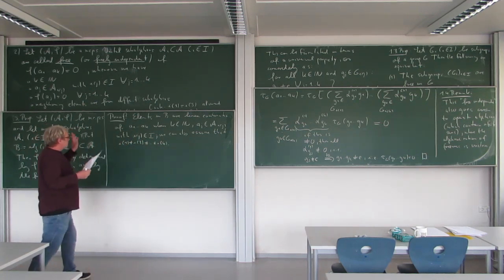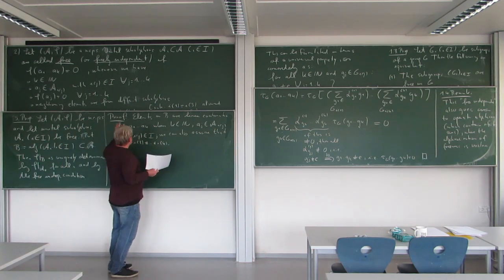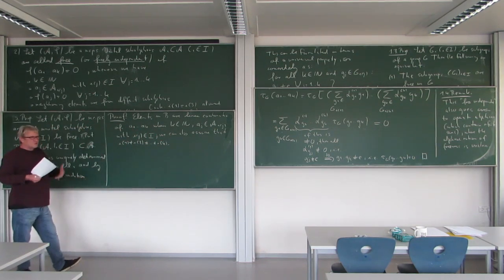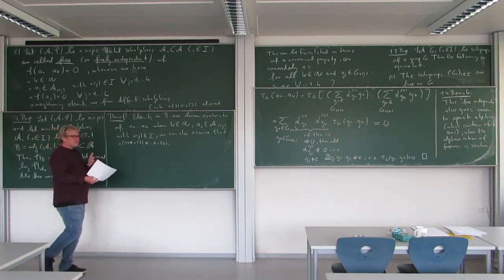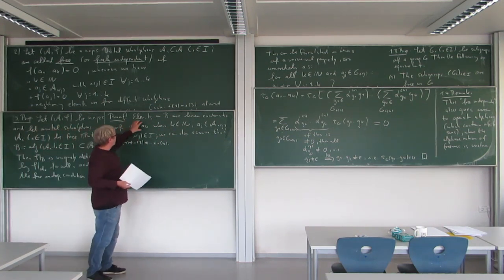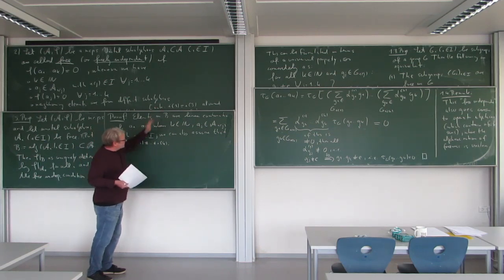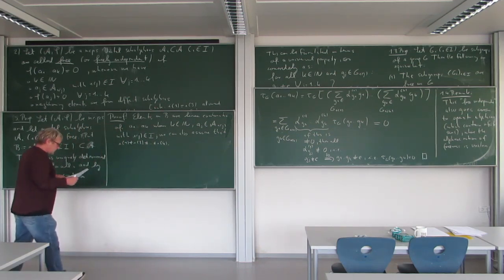Okay, so general elements in B are linear combinations of such terms, and what I have to show is that phi is uniquely determined on such terms. Phi is linear, so of course it's enough to see that it's uniquely determined on such guys, because then by linearity it goes over to linear combinations.